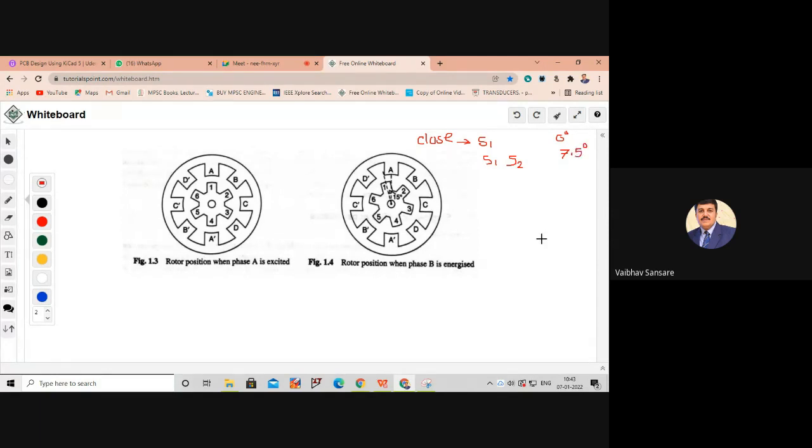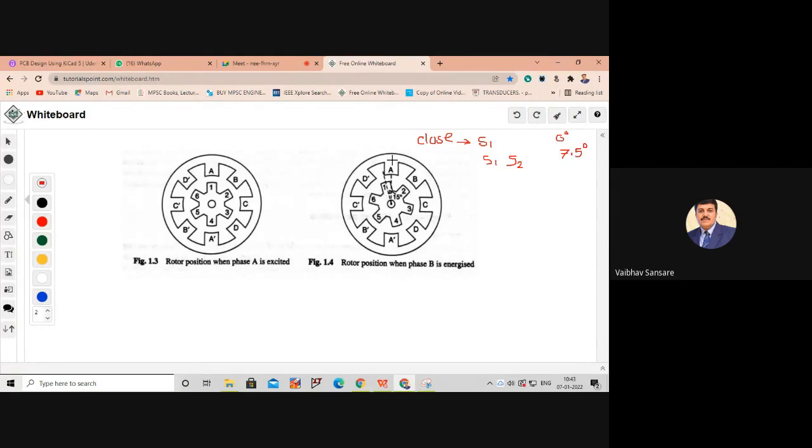Okay, so this is as discussed in the previous mode of operation. Now when we turn on S2 or close S2, coil B gets energized. As both A and B get energized, the rotor tries to rotate in forward direction by 15 degree, but at the same time rotor teeth 1 and 4 get attracted towards coil A because A is under energized condition. Therefore the rotor will come back by 7.5 degree.